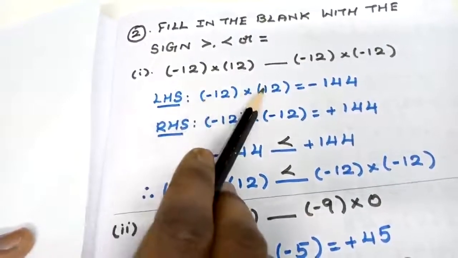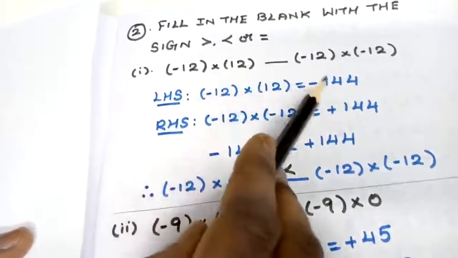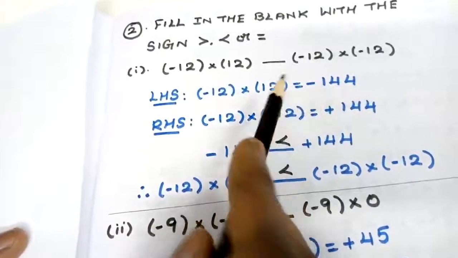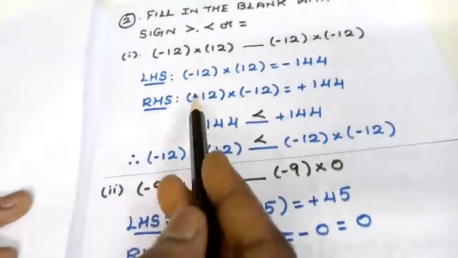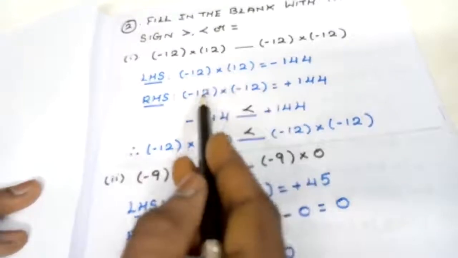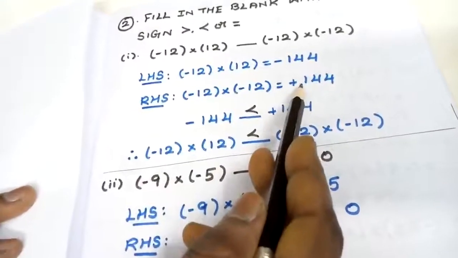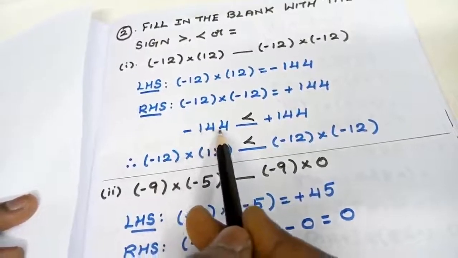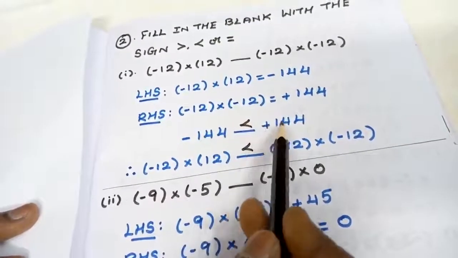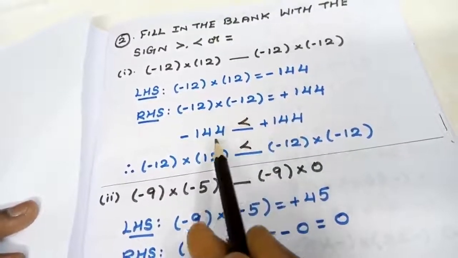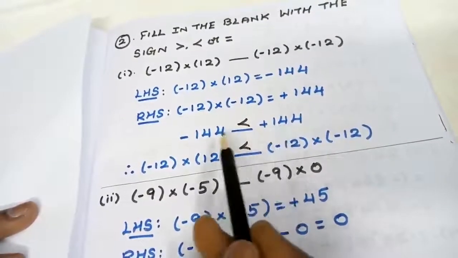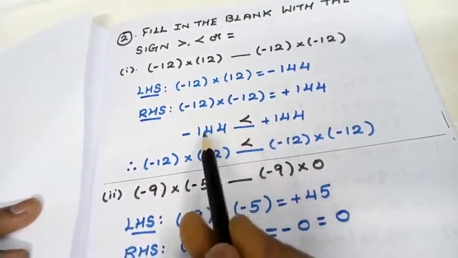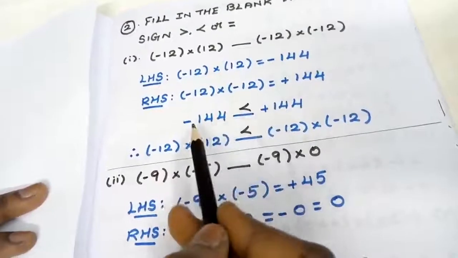Minus into plus is minus, 12 into 12 you will get 144. Similarly, on the right hand side, minus into minus is plus, 12 into 12 is 144. On the left hand side I am getting minus 144 and on the right hand side I am getting plus 144. The speciality of these values is that both numbers are the same, 144, but the sign is different.